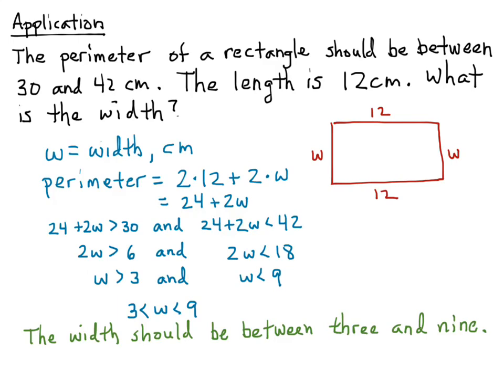I'm going to say the width should be between 3 and 9. That's one of the reasons why I'd like you to answer in a plain English sentence, because nobody really cares how you define your variables. It's important that you do define them, and if you want to look at the calculations, then it becomes important. But the answer is simple. The answer uses a word that's in the question.